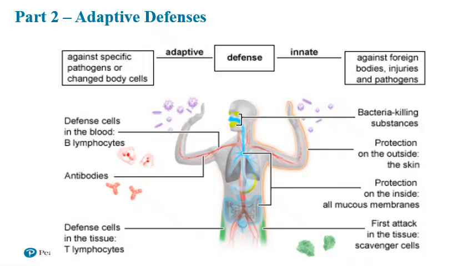This adaptive immune system is a specific defense system. It eliminates almost any pathogen or abnormal cell in the body. Certain activities of this defense mechanism would amplify the inflammatory response.